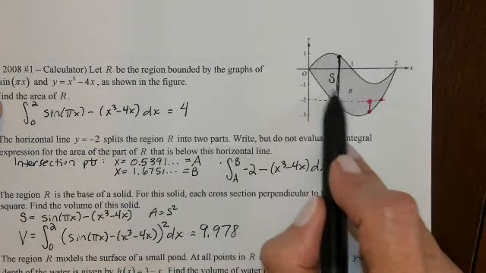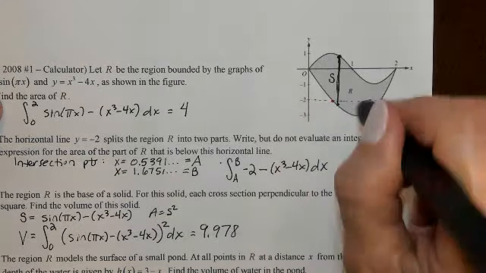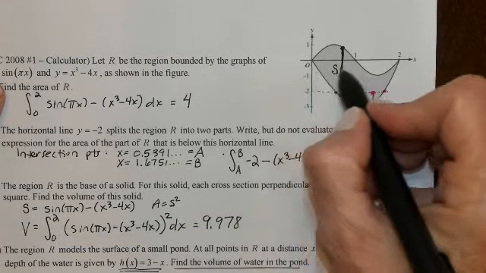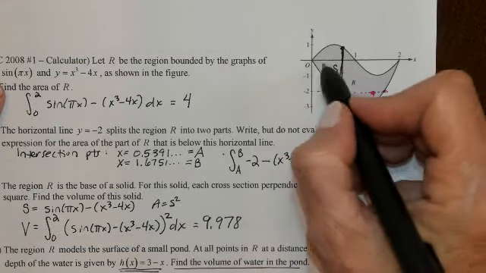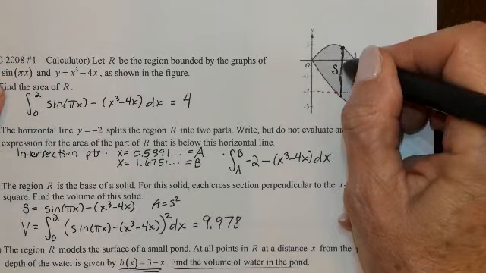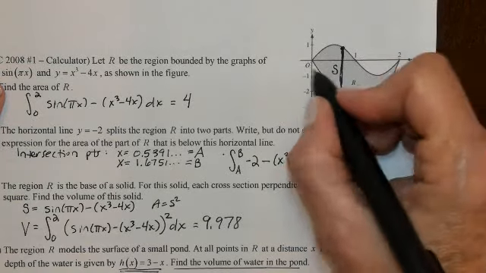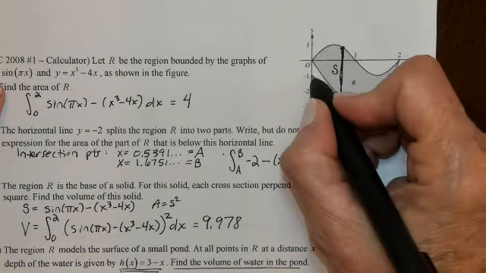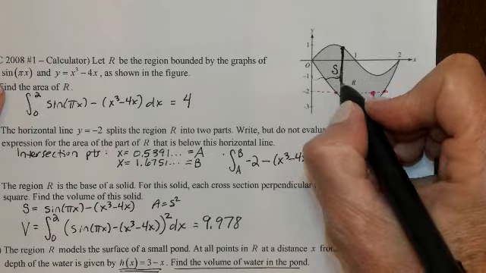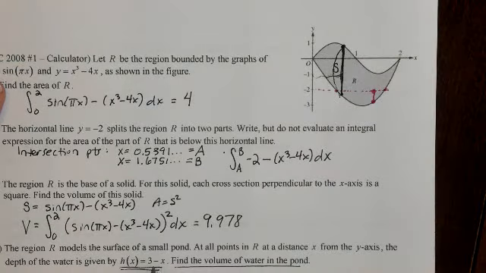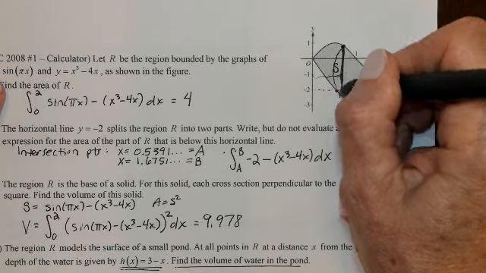It has depth, but the depth changes depending on how far away from the y-axis you get. So let's just say at this distance from the y-axis, the depth is 3 minus x, right?